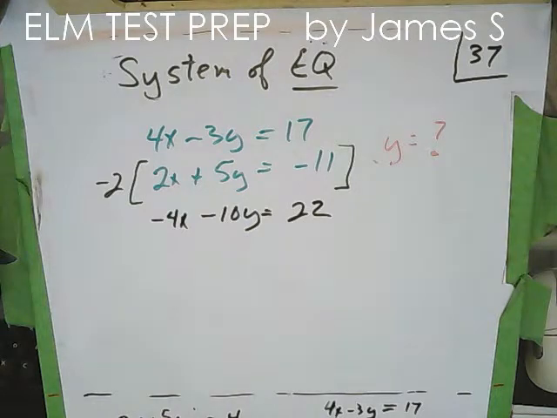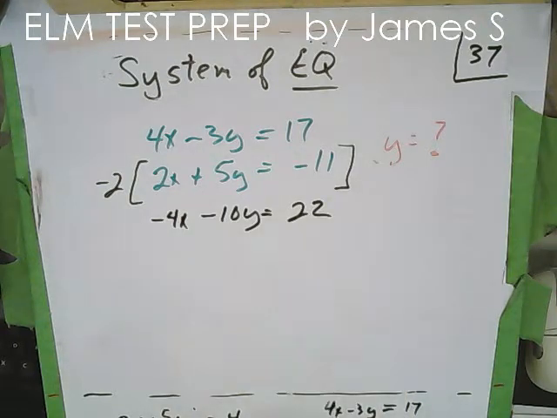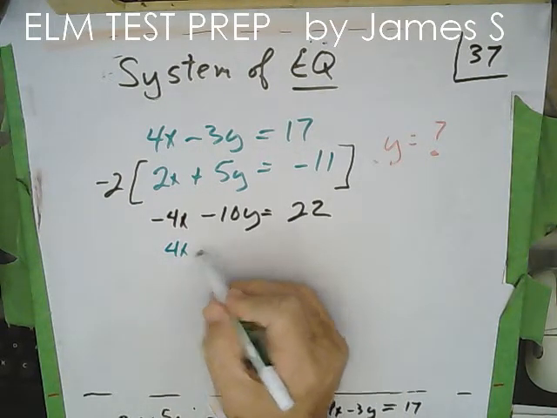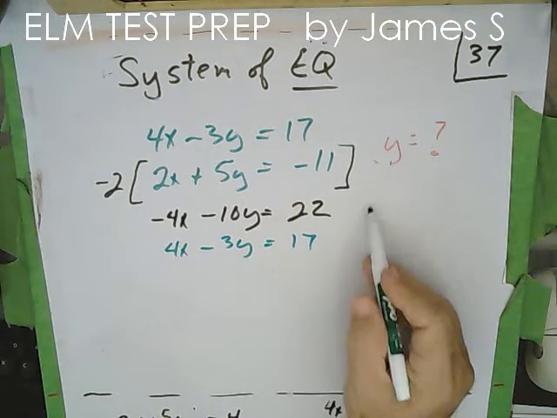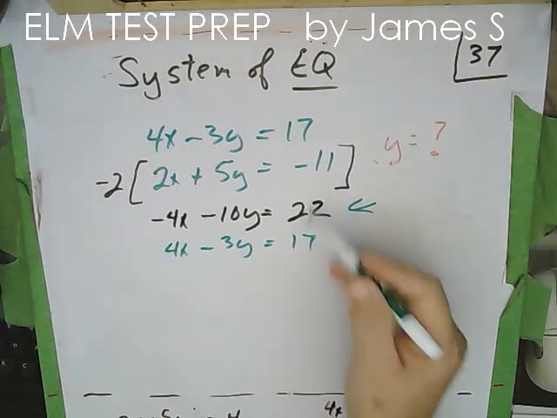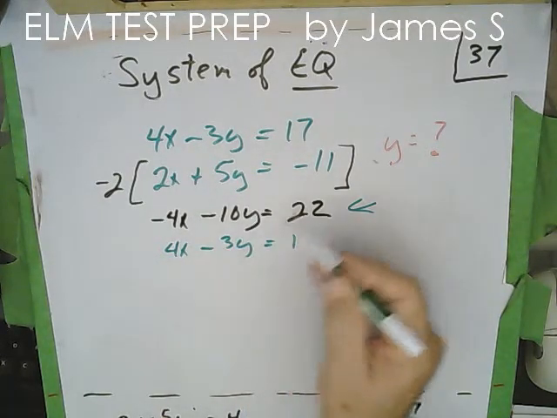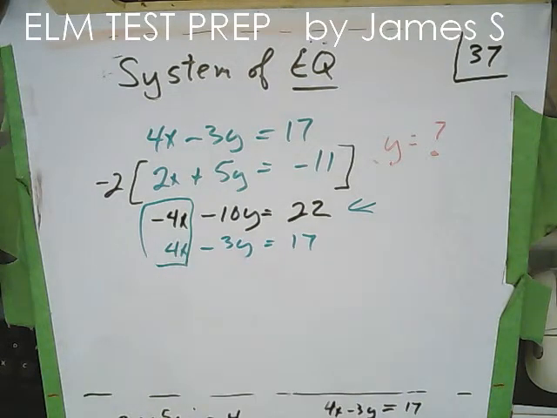Okay. And then I'm just going to bring down my first equation. All I'm going to do is bring it down here so I can see it a little closer. 4x minus 3y equals 17. Well, I modified this one. So now when I look at adding these two equations together, x's and y's and numbers, I see that this is opposite and equal in value, and they go away and become a 0.